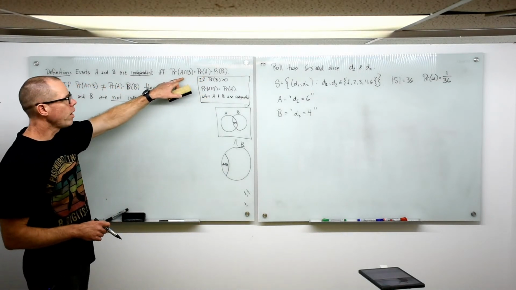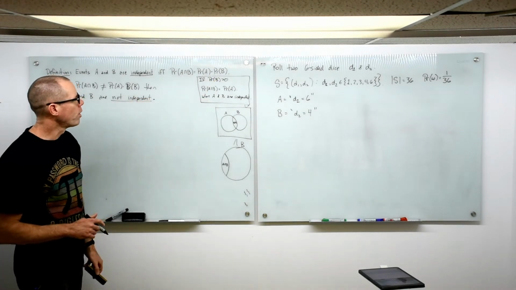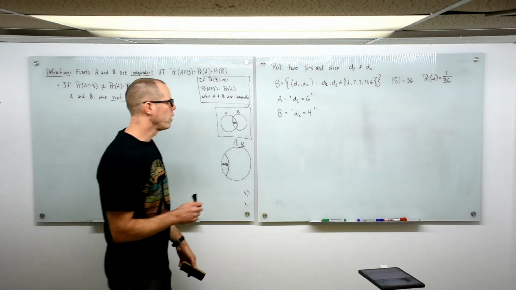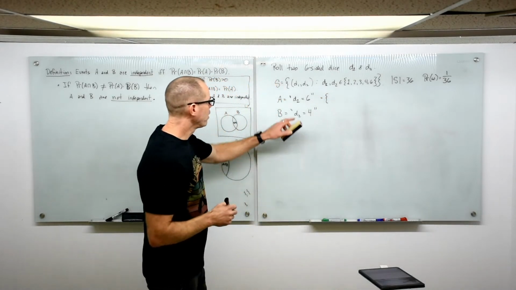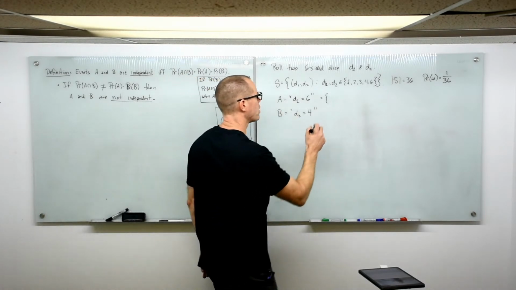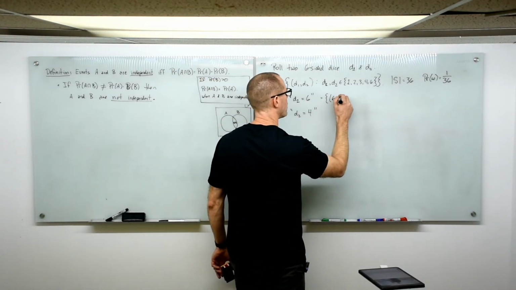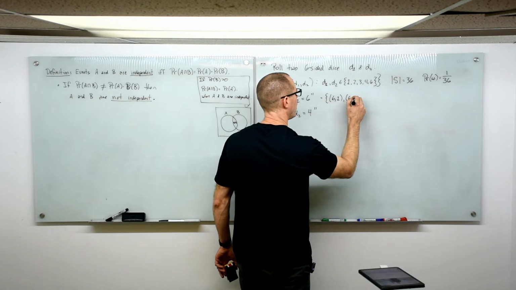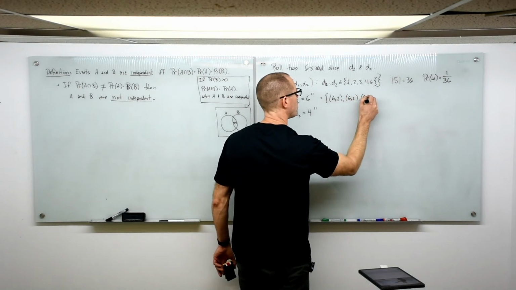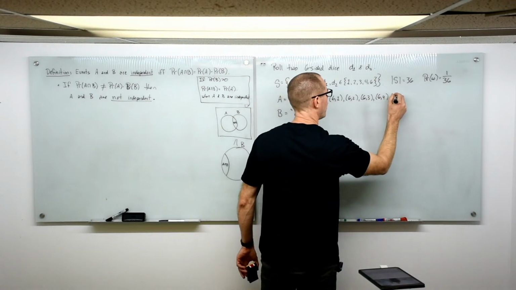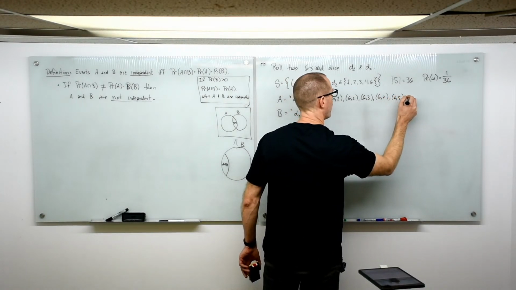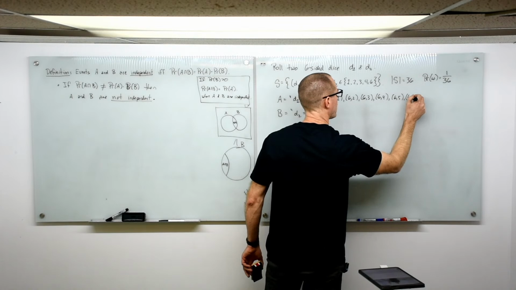Is the probability of A intersect B equal to the probability of A times the probability of B? So let's look at what A is. This is when D1 is equal to 6, so this is a set that looks like 6-1, 6-2, 6-3, 6-4, 6-5, and 6-6.